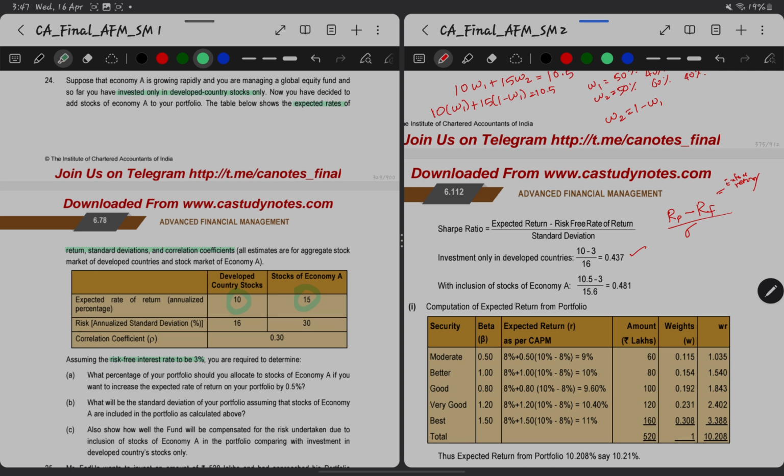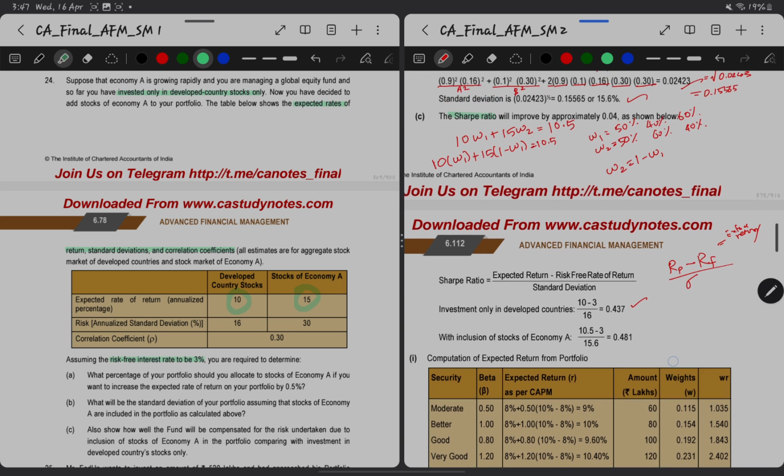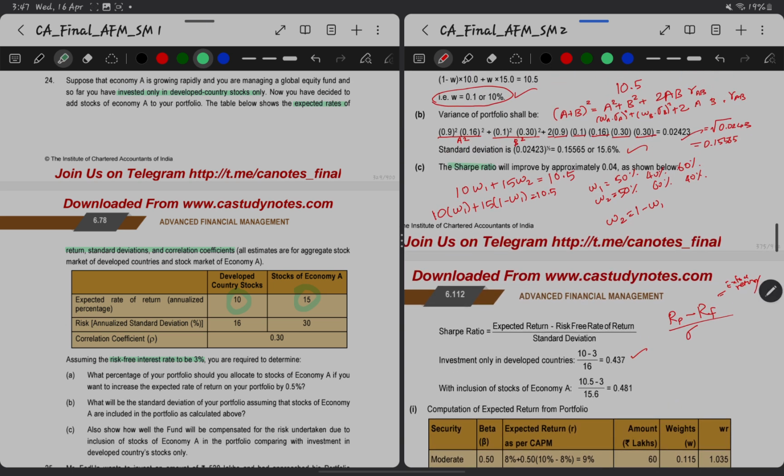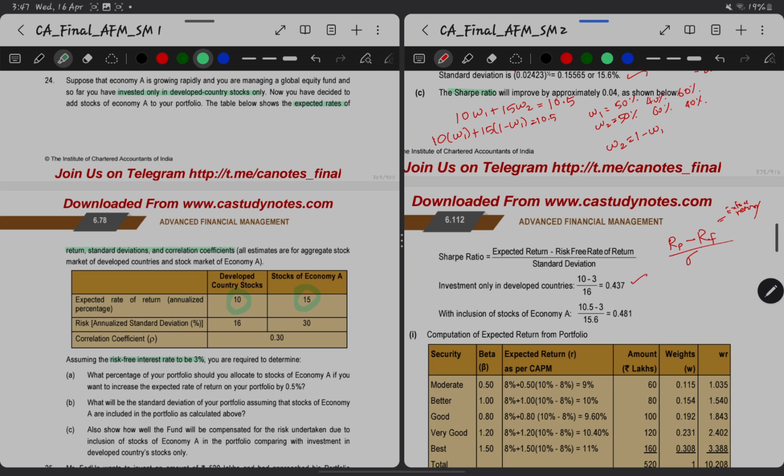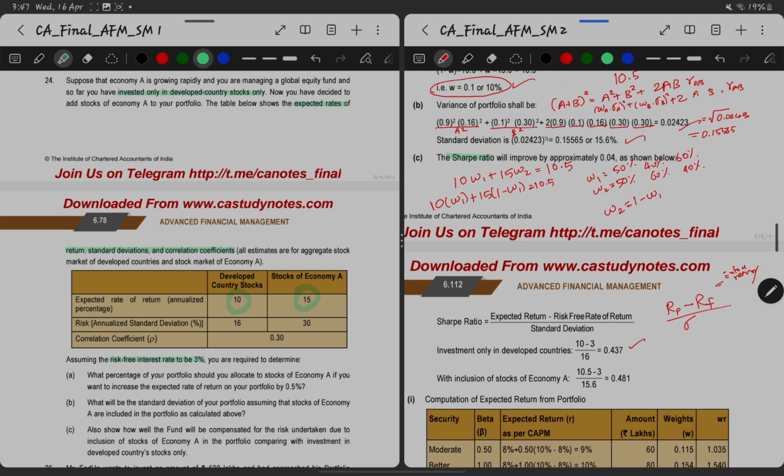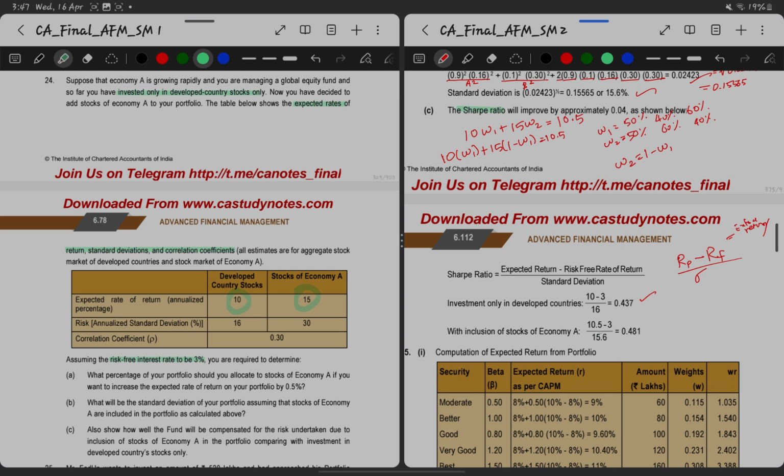Then after including stocks of A, the portfolio's risk is reduced, right, 15.6. This is because of the diversification, and the return is increased from 10 to 10.5. So 10.5 minus 3 divided by 15.6 will give us the extra return we are earning per unit risk, which is nothing but 0.481.